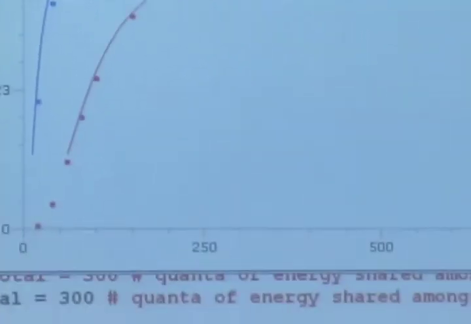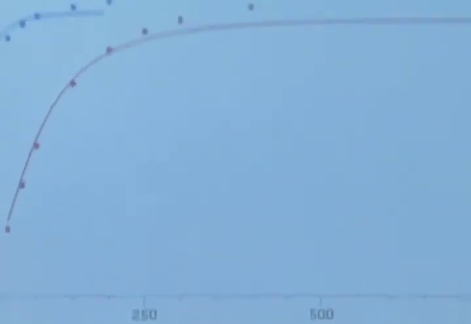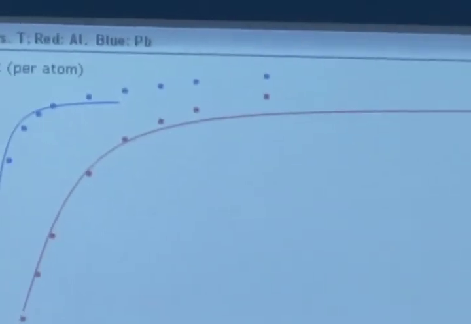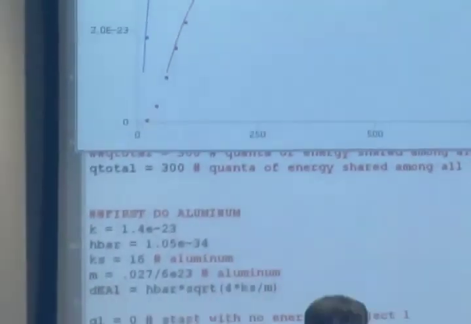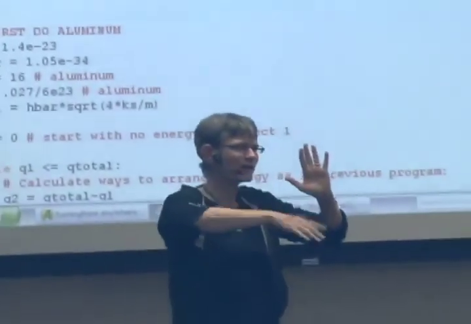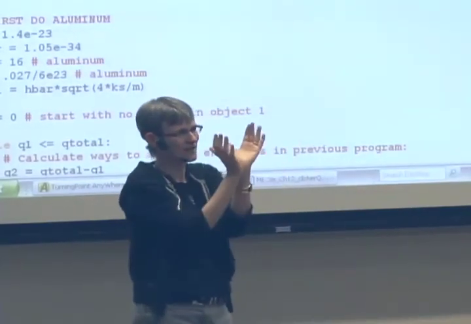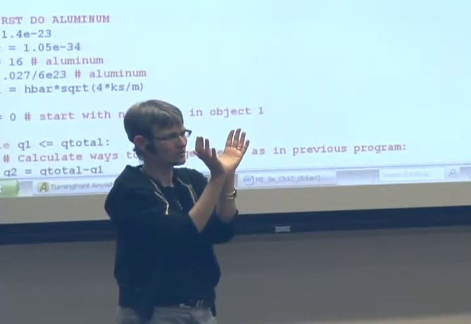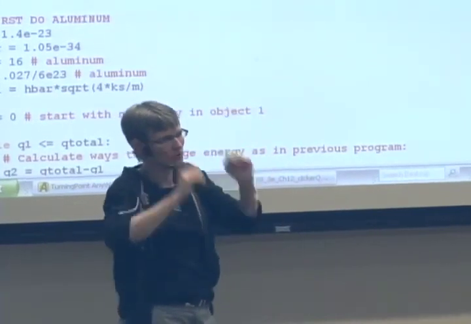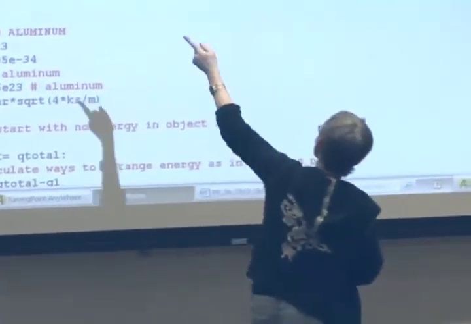And why are the data really not level? Because when something gets really hot, then we don't really have this ideal harmonic oscillator anymore, we're sort of starting to get out of the parabolic part of that potential energy well and into the slightly slopey one, and so it's not quite.